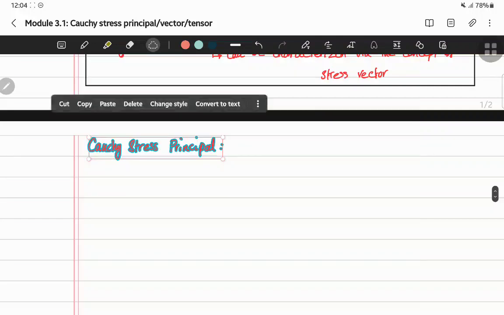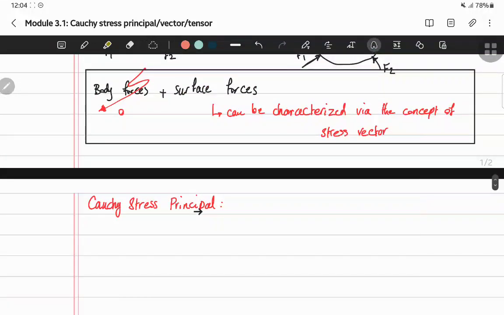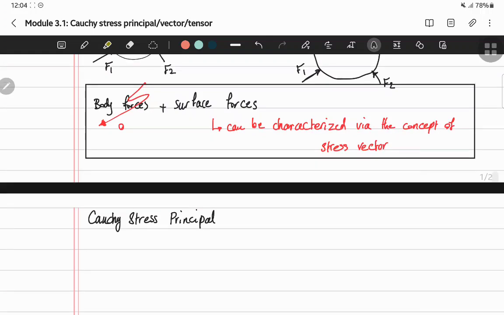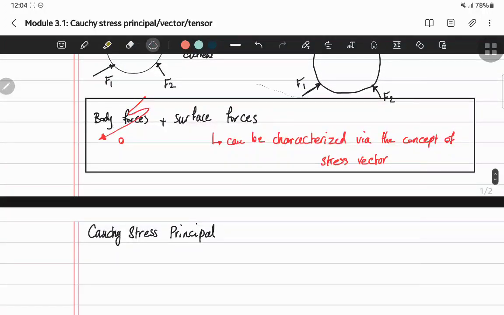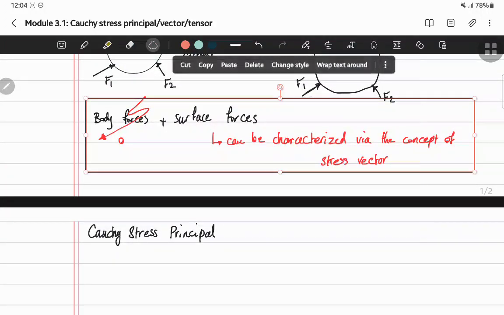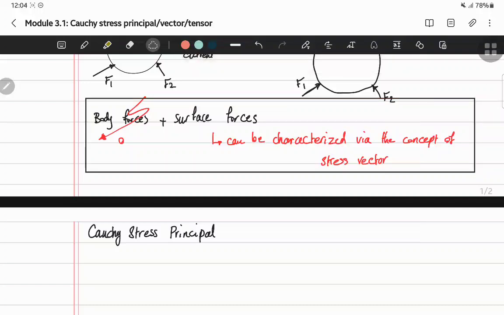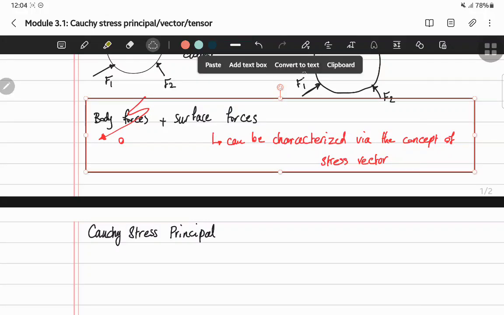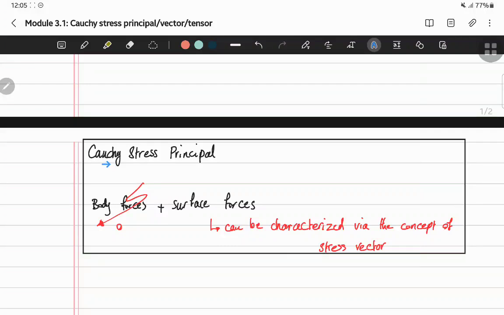Let me just bring this in here. So this whole is the Cauchy stress principle in here.